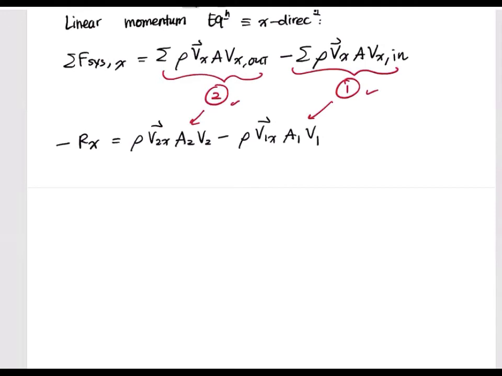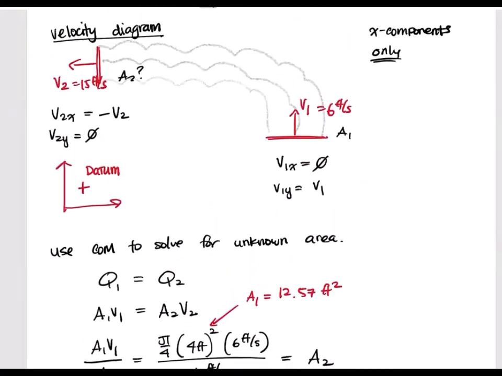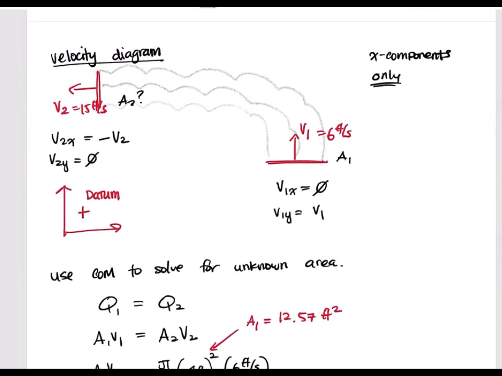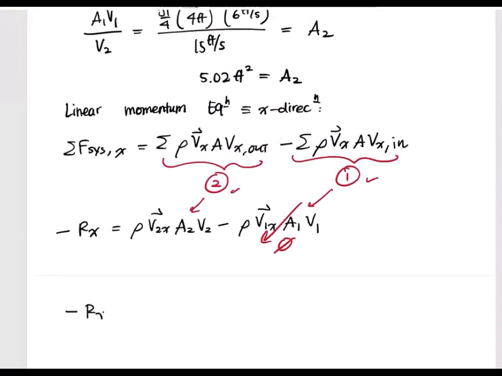Okay, now I'm just going to make the substitutions from my velocity diagram. Okay, so from my velocity diagram here, my V1x goes away, right? This is 0. And from my velocity diagram, V2x is negative V2, okay? So we're going to put that in our equation. So negative Rx is density, and I'm going to substitute here negative V2, right?